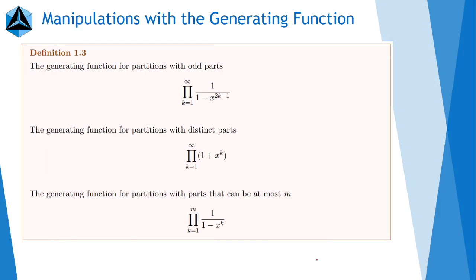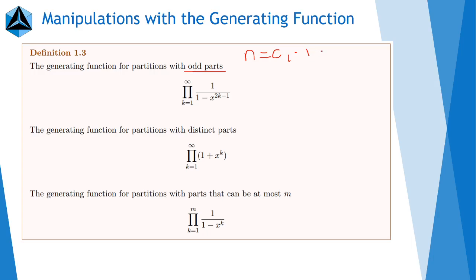So we can also do manipulations with generating functions, and I'll explain what that means more. So we looked at this logic for generating functions, and we can actually get the generating function for partitions with odd parts. That means we can use the same logic, except let's look at that example here, n equals c1 times 1.